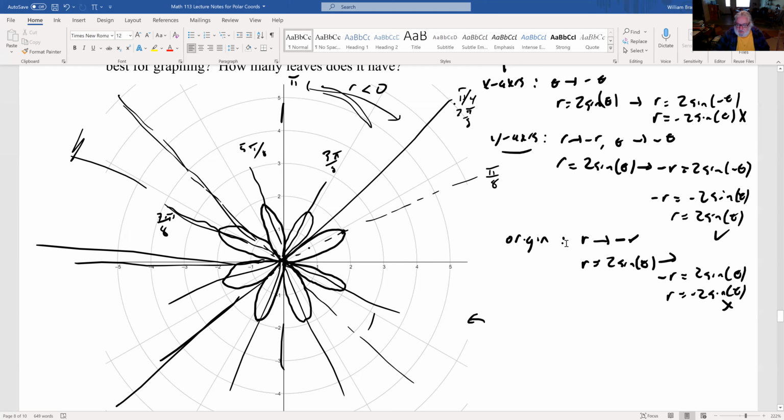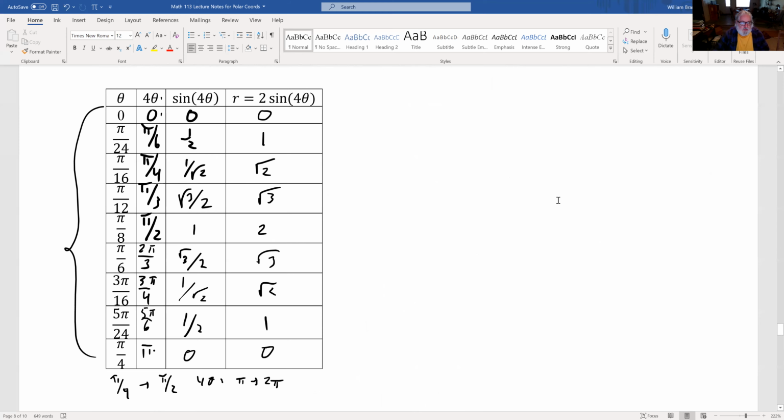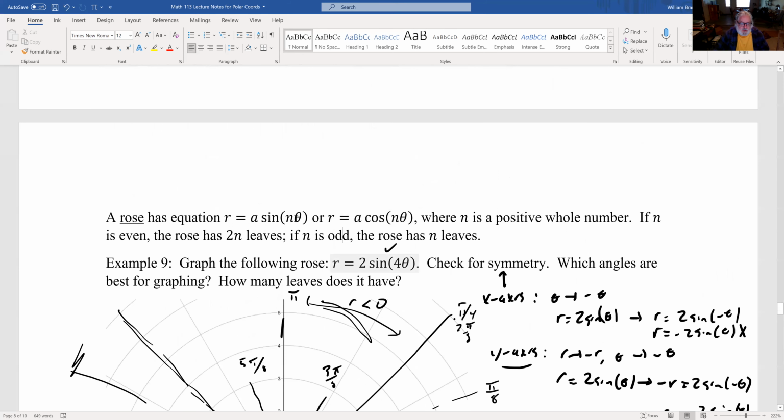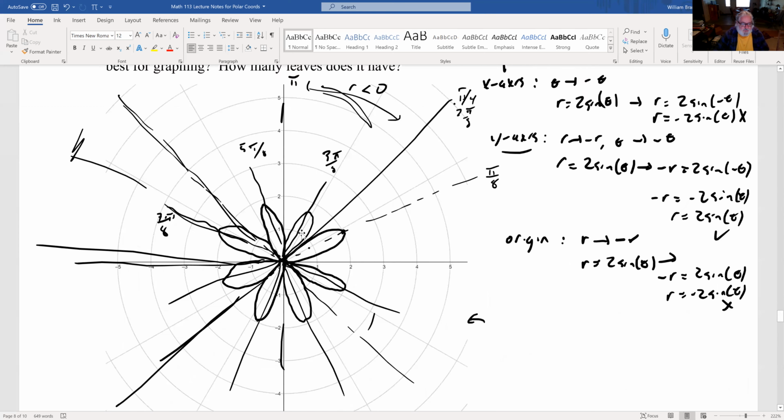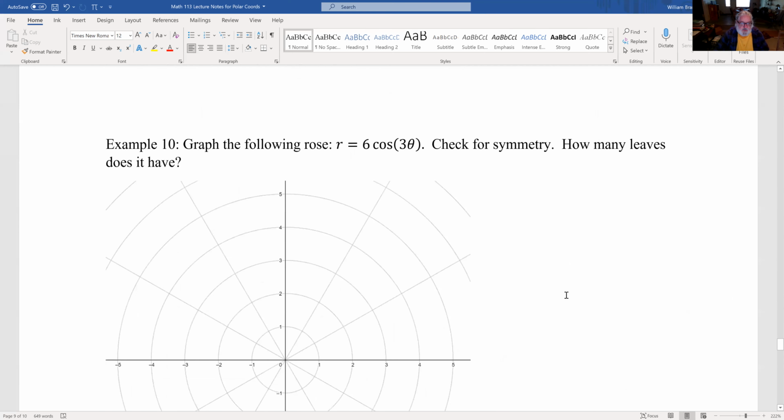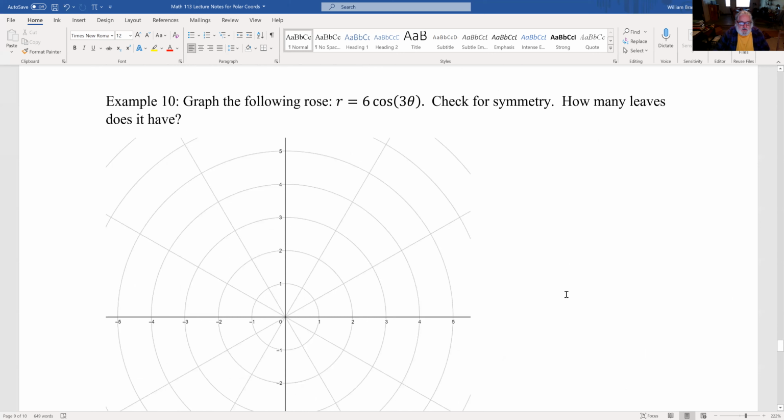And it is symmetric about the y-axis. It's also symmetric about the x-axis, but we didn't pick that up. And it is symmetric about the origin, but we didn't pick that up with our symmetry tests either. And so here, my n is even, so we have 2n leaves. If n is odd, we end up having just n leaves. So this would be a 3-leaved rose.